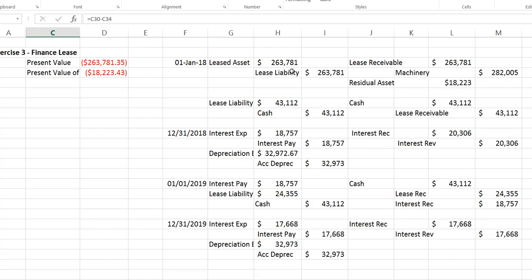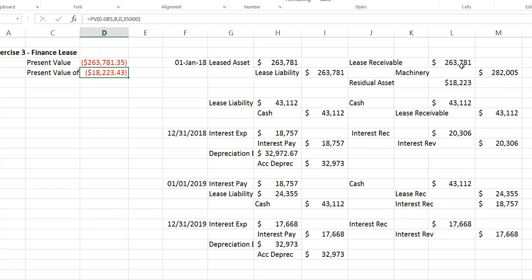So the lessee in this case does the present value this way, ignoring that final return of the asset because they're not promising that. They don't have an obligation for that. The lessor, on the other hand, is planning on that, and so they include it.